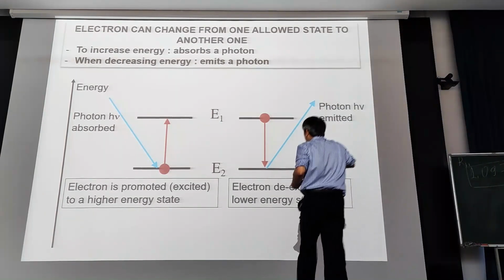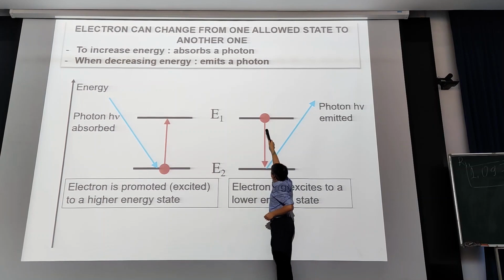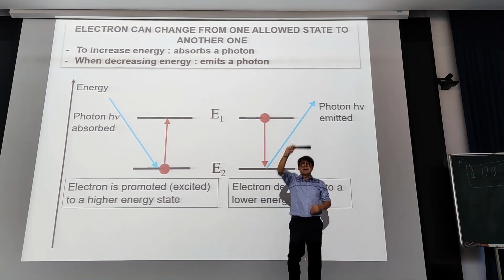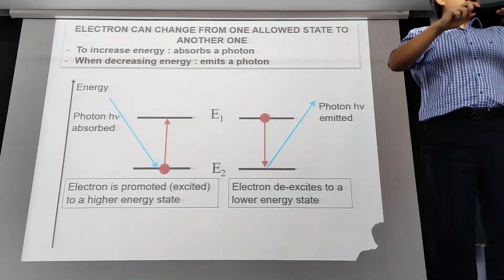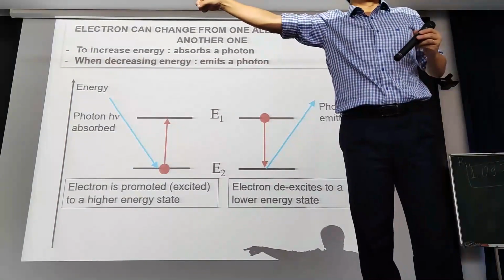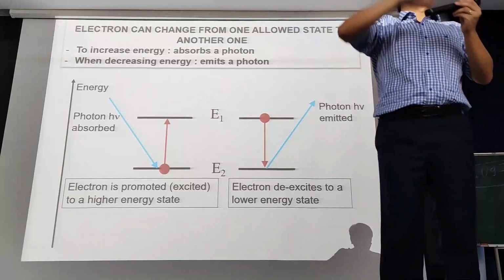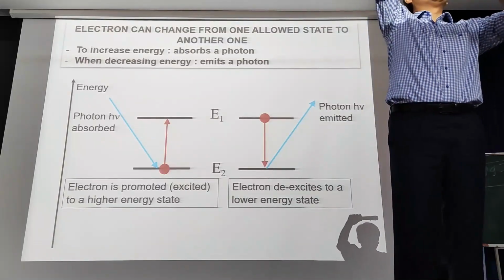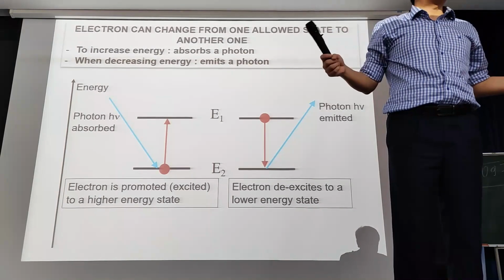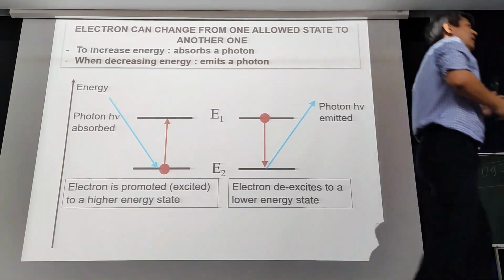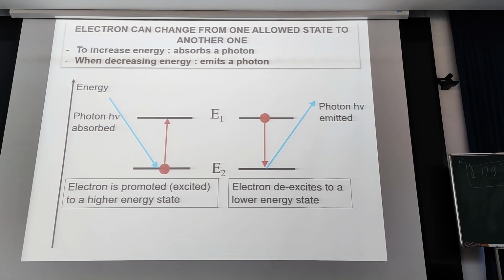In the inverse way, if you have an electron at higher energy, the higher one, like this, it sinks to the lower energy, it will emit a photon, right? And the photon emitted will have energy equal to the difference in energy between E1 and E2. Is it clear? So, if you want to excite it, you put energy in, right?